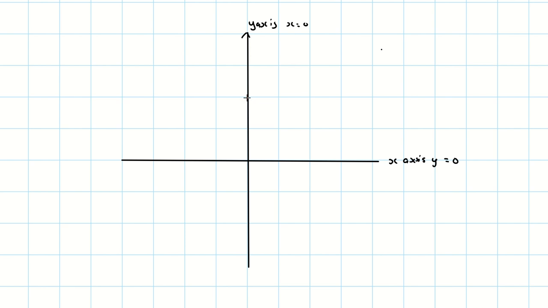So if this is the location, because it's on your y-axis, x is 0 and y is 1. Right here, x would be 1 and y would be 0. Here would be x is 0, y is negative 1. And this one here would be x is negative 1, y is 0.